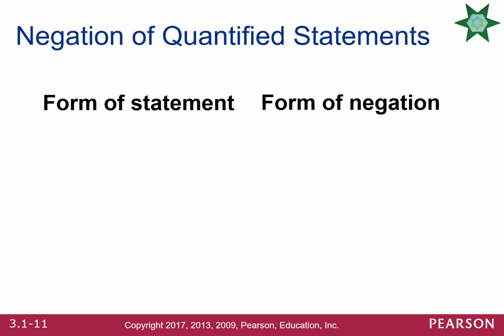So how do we negate statements with quantifiers? So for example, if we have a statement which is all are, then the negated form of that is some are not. When we say all are going there, the negation of that would be not all are going there, right?